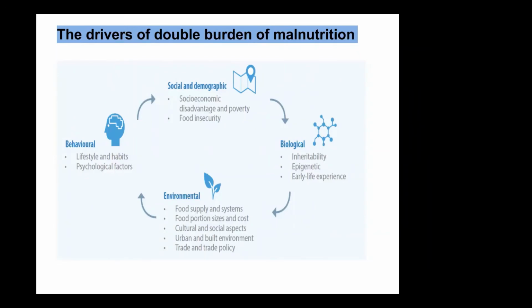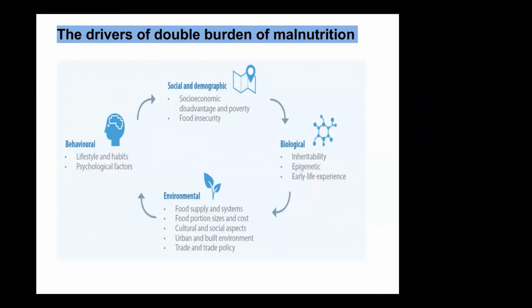And also there is transmission from the woman to her child. If a pregnant woman is stunted, there is a chance that the child will be undernourished, or overweight will also cause undernutrition in the child. And the other is the environmental factors, the food supply and system.